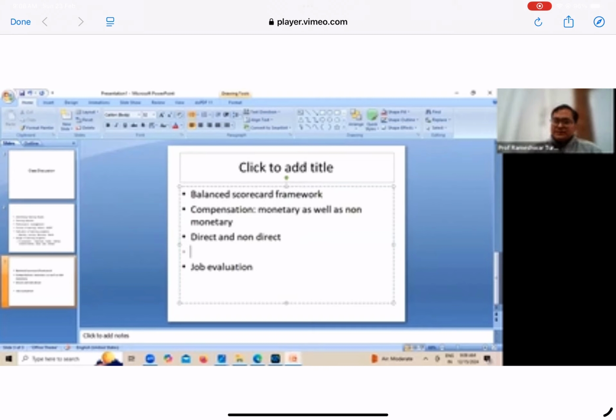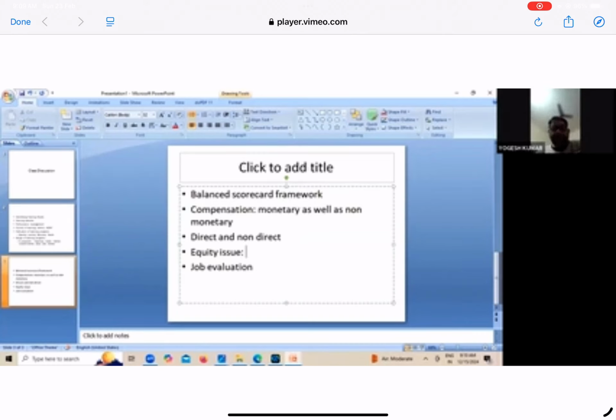Adams' theory of equity, I said that, do you remember? People compare their salary with others, and these others may be people from their own company or from other companies. The people from their own company may be from the same department or a different department.